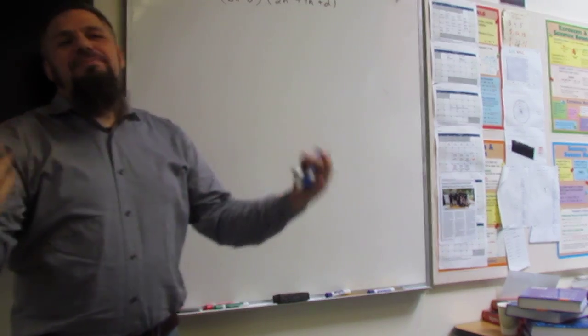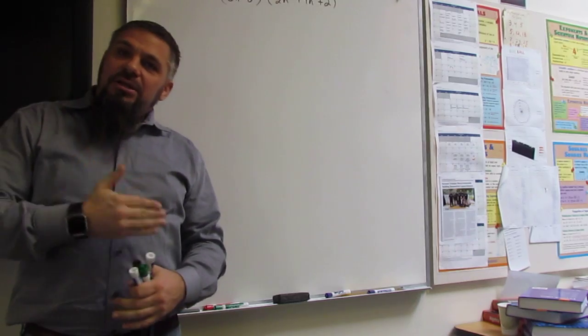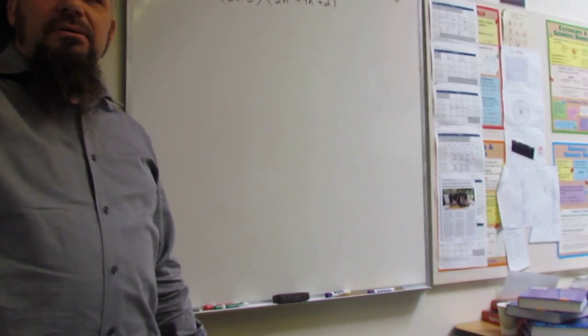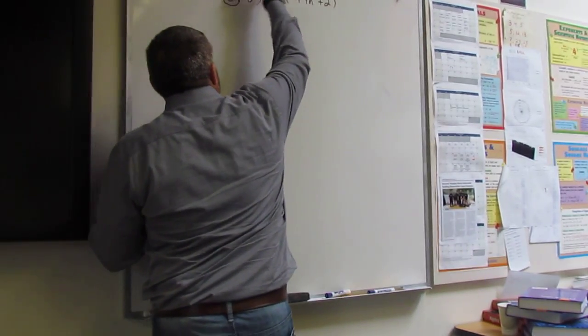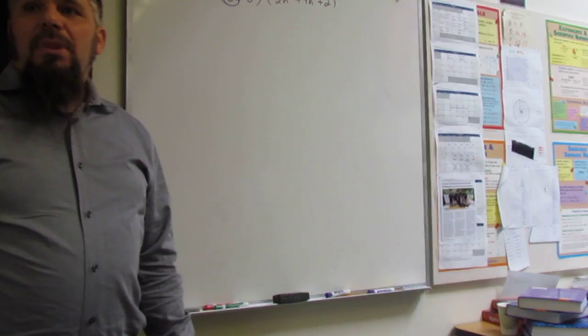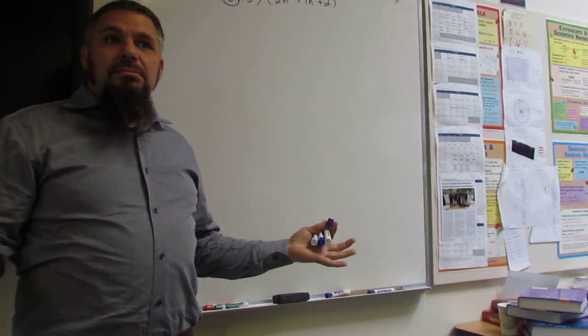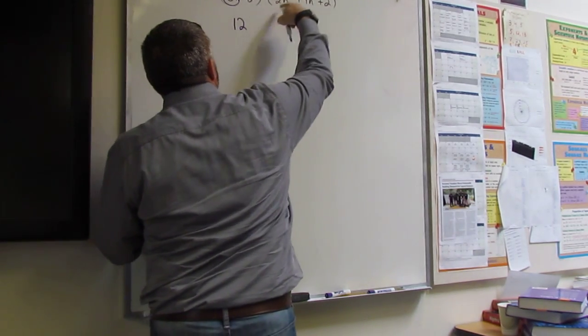Now we got to multiply these things. This can be hard, but just take your time. Colors are your friend. Okay? Right here, bam. 6 times 2, 12. N times n squared.